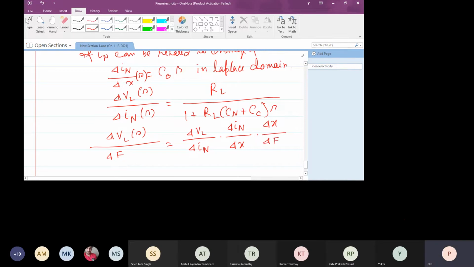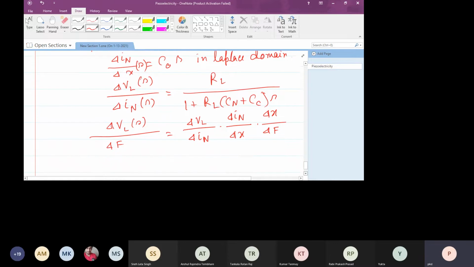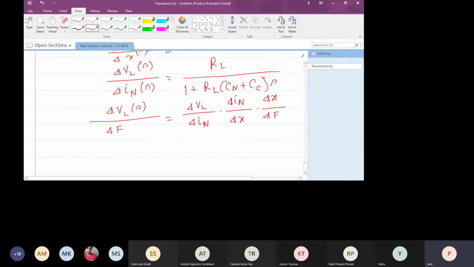Applied force is giving a strain X, that strain is related to the current source, and the current source is related to the voltage. So there are three transfer functions here.